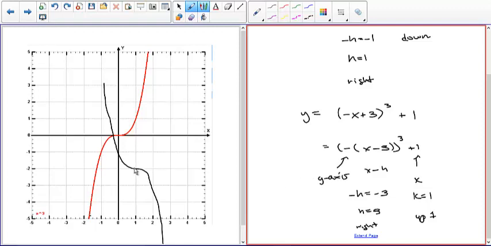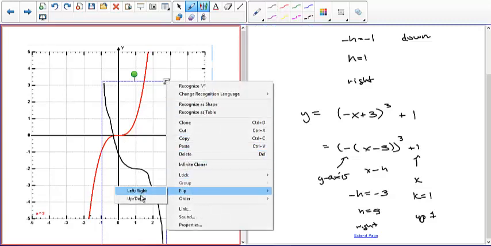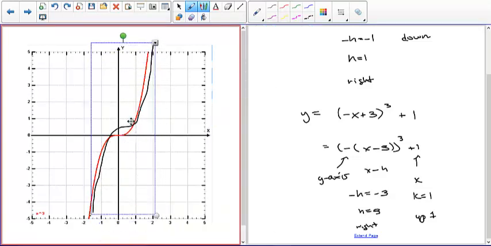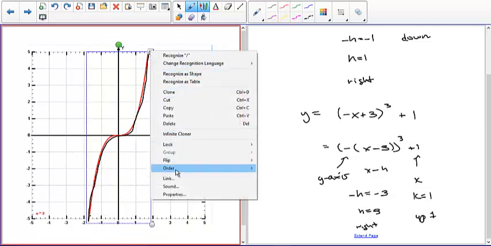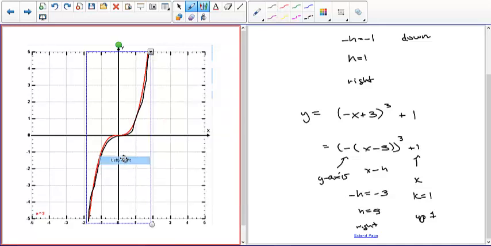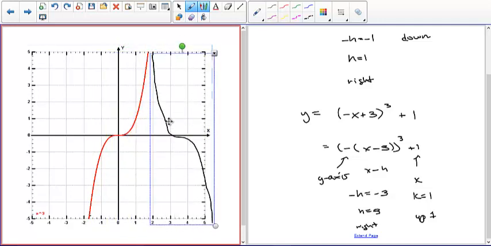So let's go back here and get everything back the way it was. We put that over the parent function. The y-axis reflection is we flip it from left to right. So there we go. It actually looks exactly like if we flipped it across the x-axis. And then we move it 3 units in the x direction, 1, 2, 3 units, and up 1 unit.